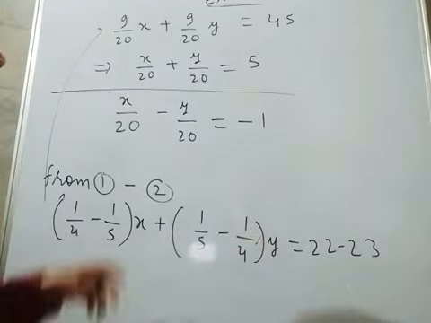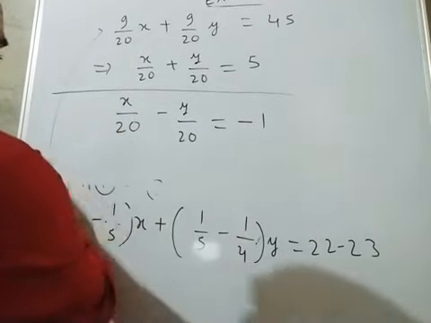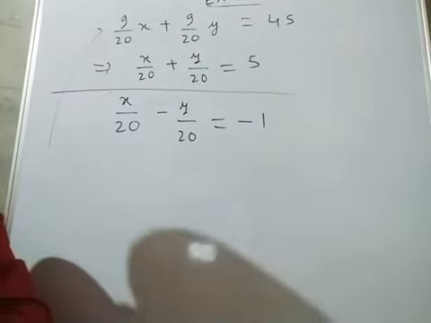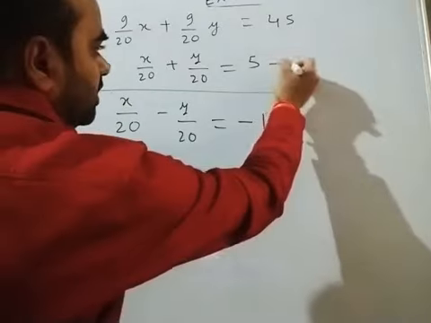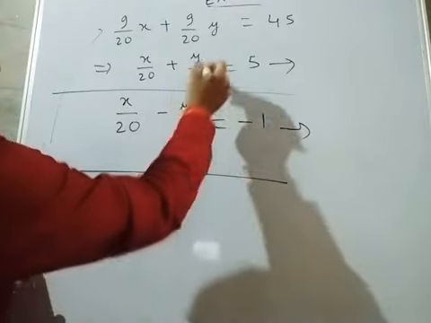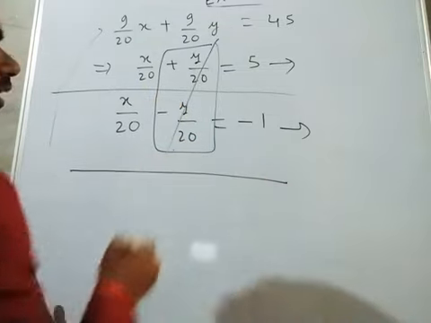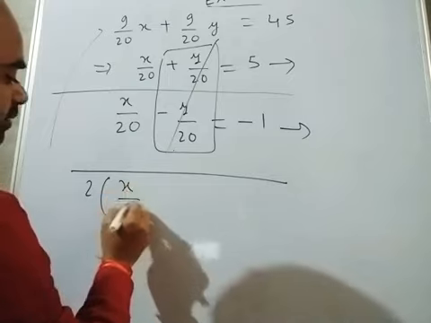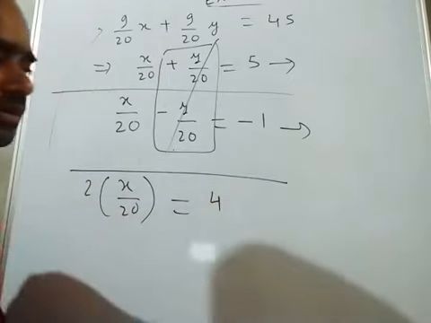Now you can see x by 20, y by 20, again the coefficients are the same. It means now you can add or subtract. If you add these two equations, then plus y by 20 minus y by 20, these two will be cancelled, and these two will be 2 times x by 20 is equal to 5 minus 1, that is 4.